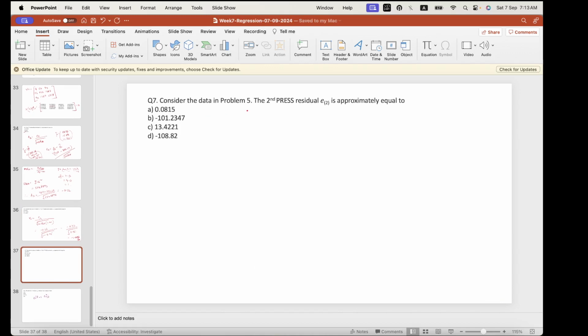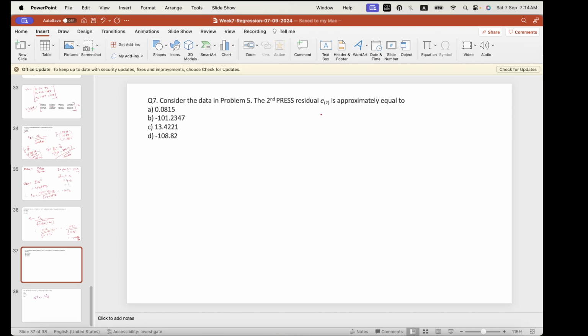Consider the data in problem 5. The second PRESS residual is approximately equal to how much? In order to find out the PRESS residual, we have to remove this second observation and then calculate.